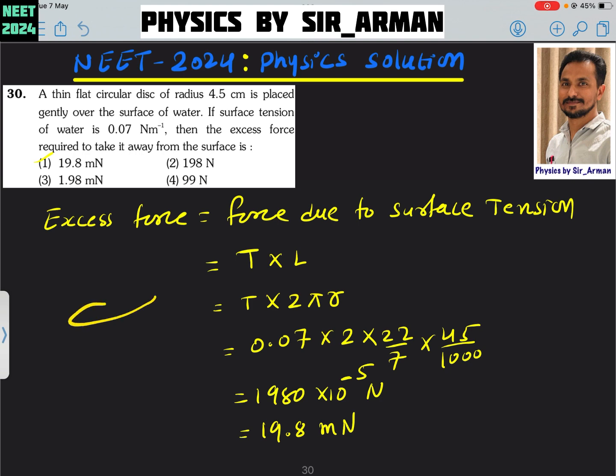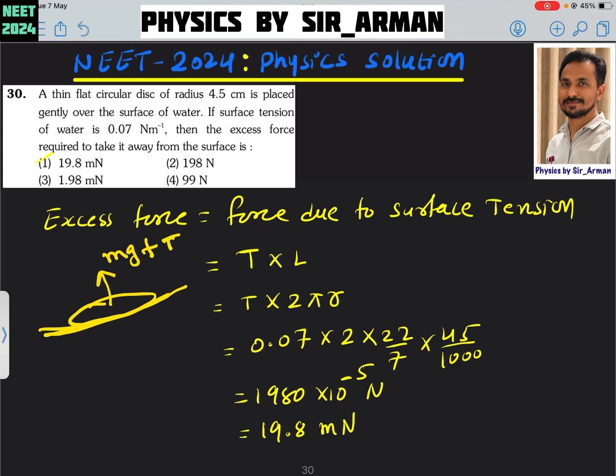If a disc is placed on a surface and you want to lift it, and if the surface is water or any liquid, then the surface tension will try to pull it, because due to surface tension this disc will stick to the surface. So the total force you need to apply is its weight plus the force due to surface tension. It is asked excess force, so that excess force is nothing but the force due to surface tension.